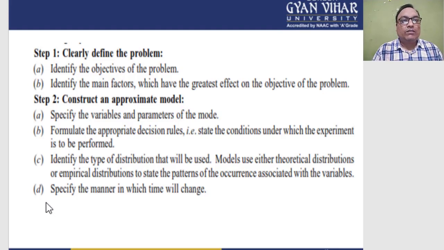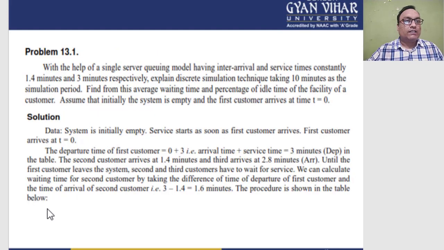Formulate the appropriate decision rules, that is, the state of condition under which the experiment is to be performed, and identify the type of distribution that will be used. Models use either theoretical distribution or empirical distribution to state the patterns of occurrence associated with the variables, and it also specifies the manner in which time will change.